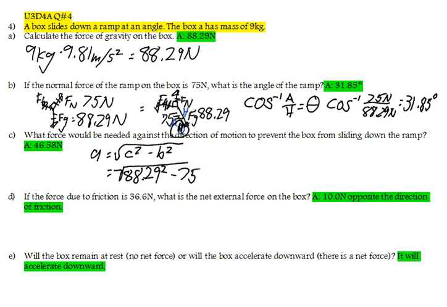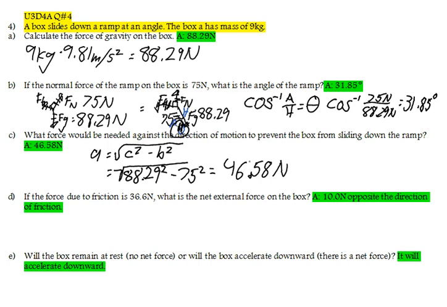You put all that into your calculator, and what you get is 46.58 newtons. Again, we're not paying attention to sig figs, we're just trying to get the concept right. So 46.58 newtons, pulling the box down the ramp.